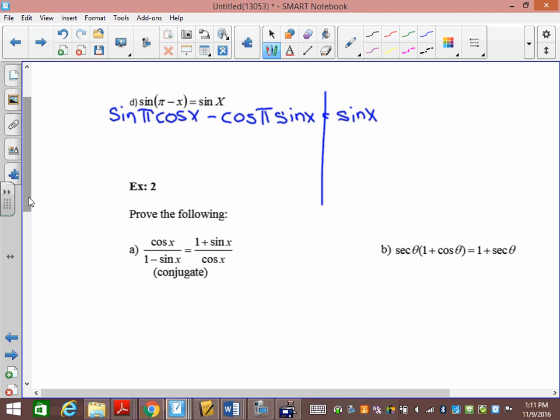Sine at pi is the y value at 180, which is 0. So I'm going to get 0 cos x minus cos at pi is -1, so it's minus a minus 1 sine x equals sine x. Those cancel. Minus a minus is actually a plus, so you get sine x.